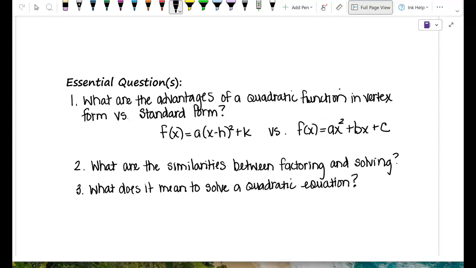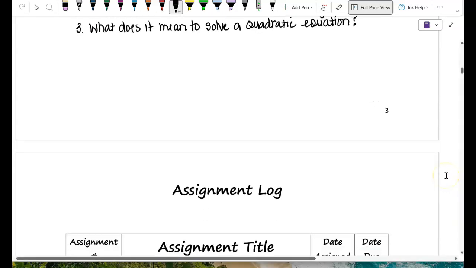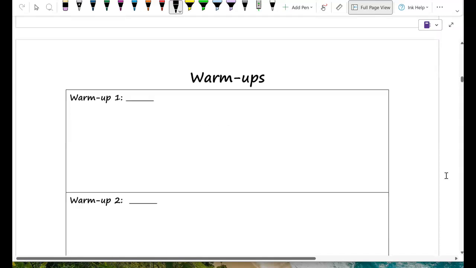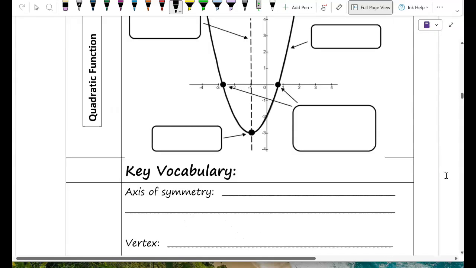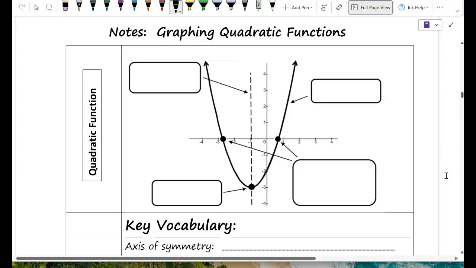All right, so let's go to page 7 and start that first activity for today. I know that we did some graphing of quadratic functions back in Unit 2, but back then we were using the vertex form.